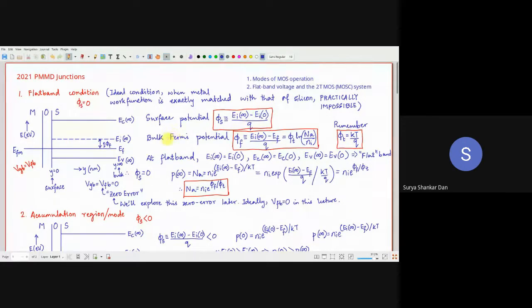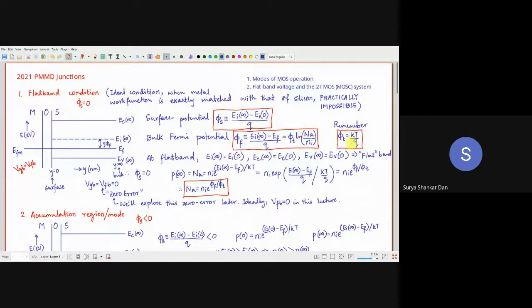Now, what is the bulk Fermi potential? Remember, phi f over here is defined as EI infinity minus EF, divided by q. We are not writing infinity here, only EF. Why? We will come to that. This is by definition, and that will essentially give you phi t ln Na by Ni.